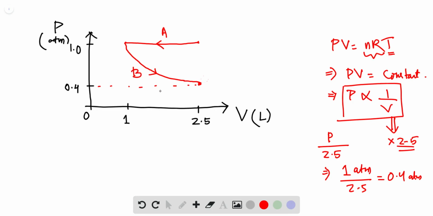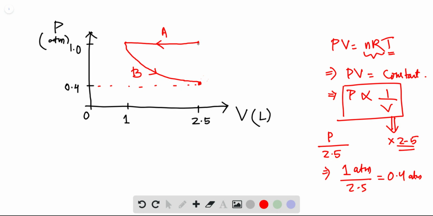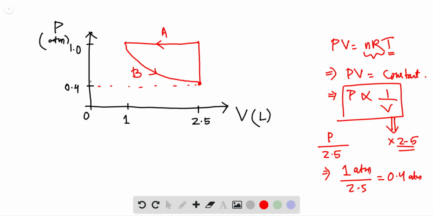Now the final step is pressure increase at constant volume. Since the process before ended at a volume of 2.5 liters, the pressure should start increasing at this volume. And since volume is constant, this is just going to be a vertical line with constant volume and increase in pressure.